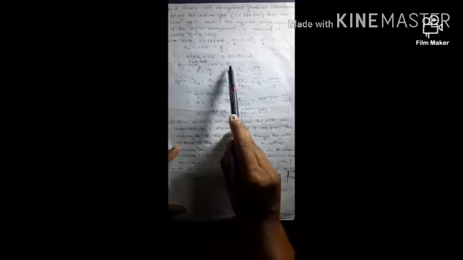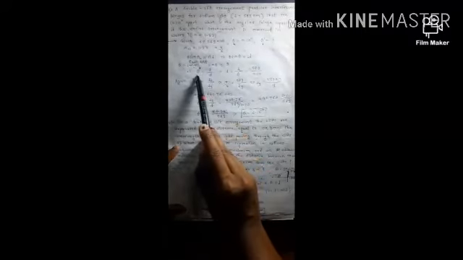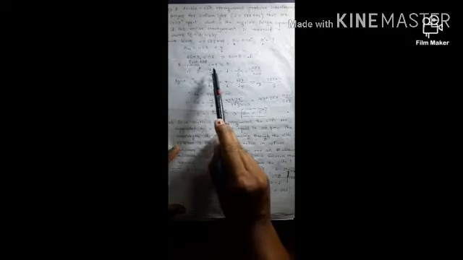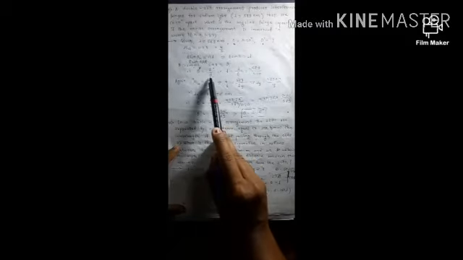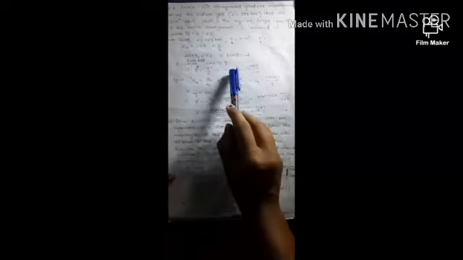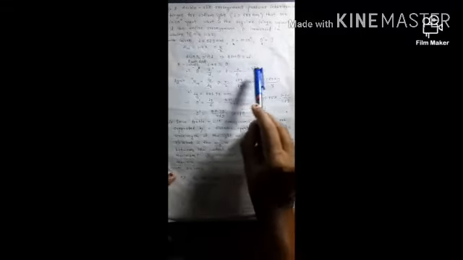If theta is very small, sine theta is approximated to theta, and we get the formula theta equals lambda upon d, where lambda is the wavelength of the light and d is the distance between the slits. So d equals lambda upon theta, and we'll get this value.